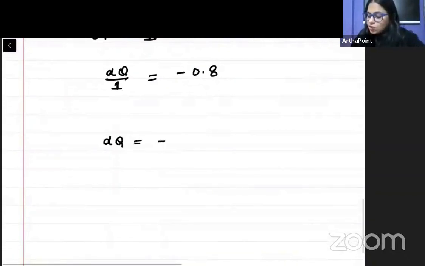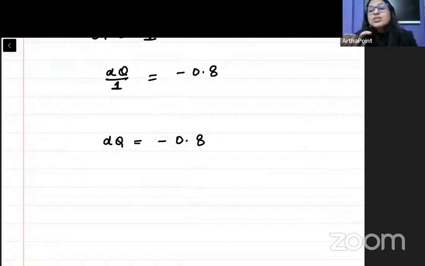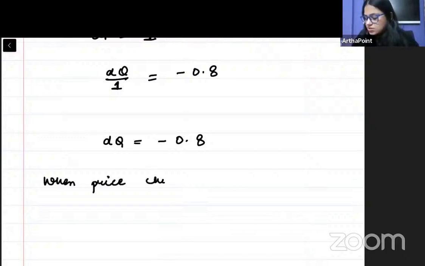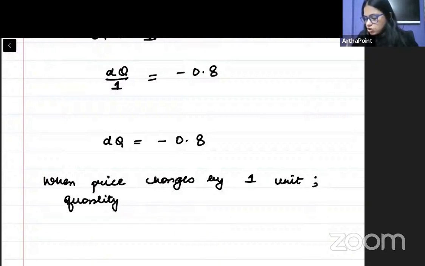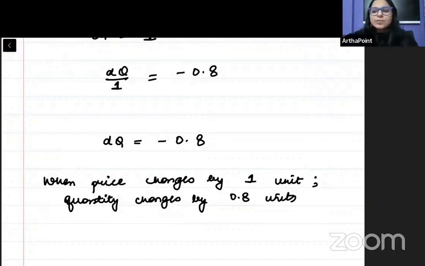So your dq will come as minus 0.8. Again telling you the same thing, that when your price changes by 1 unit, quantity changes by 0.8 units.